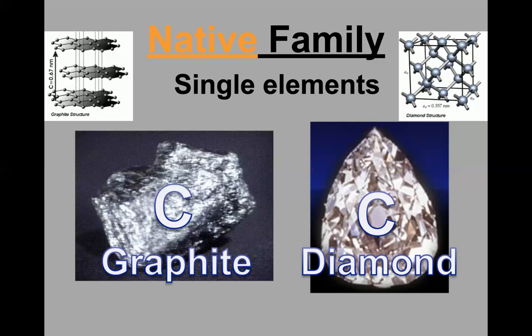So it's easy for them to break off. All you have to do is run your pencil across a piece of paper, and that's enough to break some of those sheets off, and that's how we have writing on paper. It's a good example of how crystal structure can affect the properties of a mineral in such a dramatic way, the difference between pencil lead and diamonds.